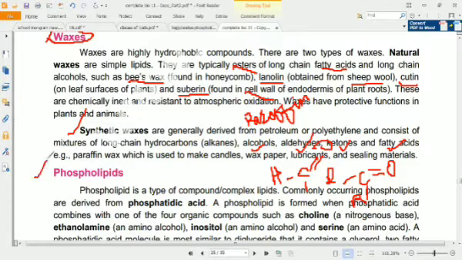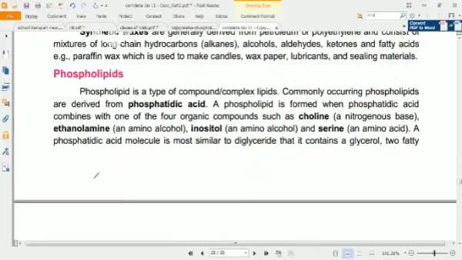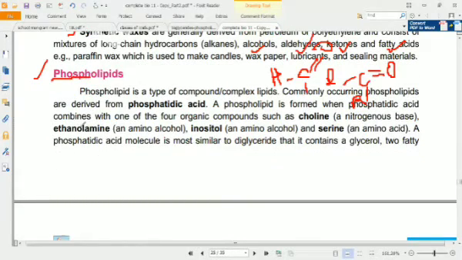Now we will talk about the next group of lipids, that is phospholipids. It is a type of complex or compound lipid, commonly derived from phosphatidic acid, which we combine to form phospholipids.